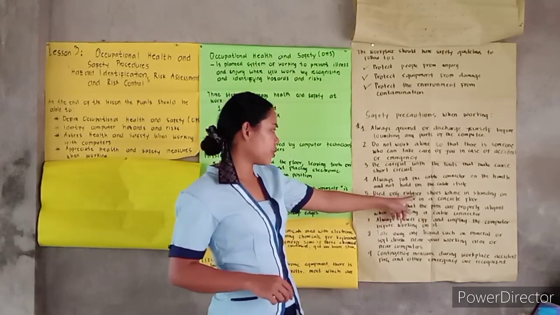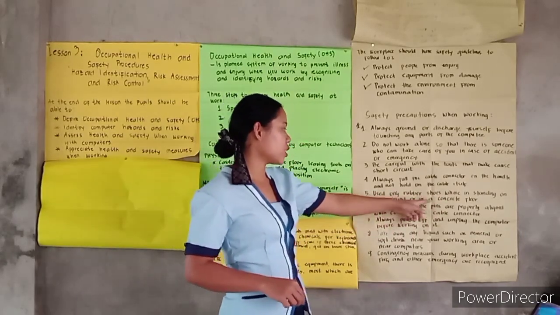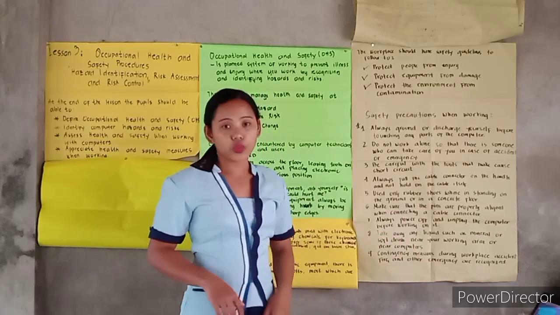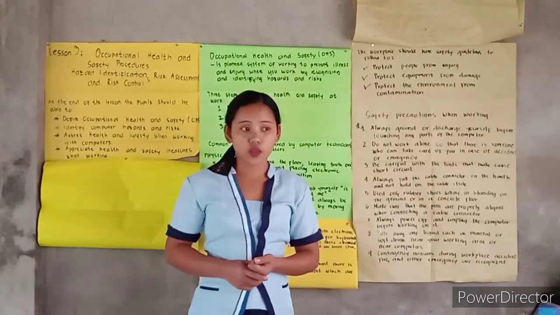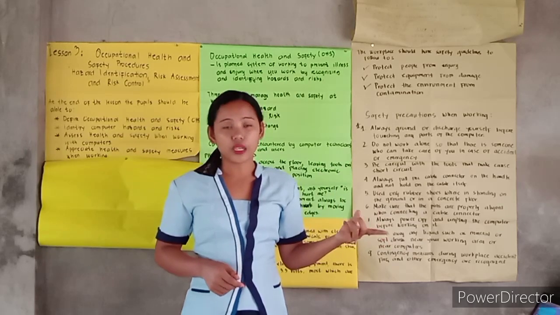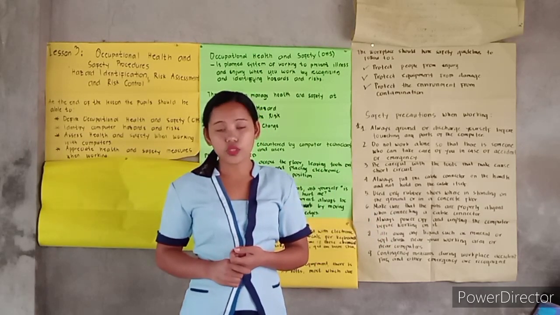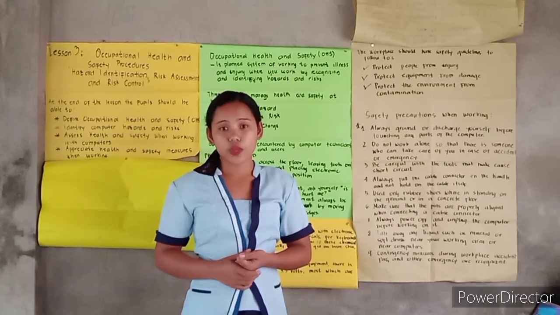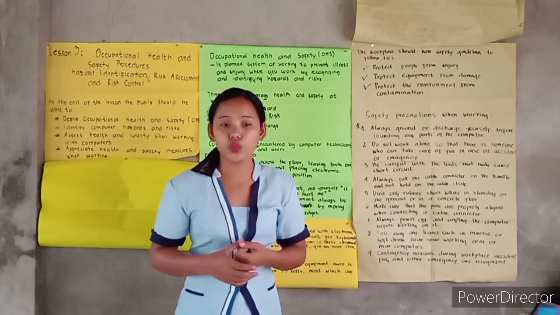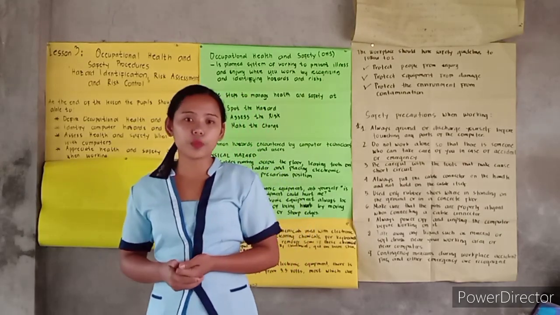Next, use only rubber shoes when standing on the ground or on a concrete floor. It is required when you are working, especially with electricity. We should wear rubber shoes, because it will help you to be safe in the workplace area.